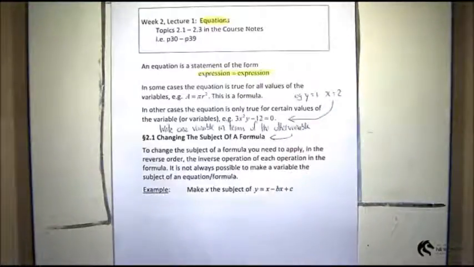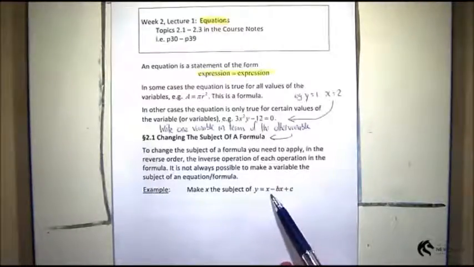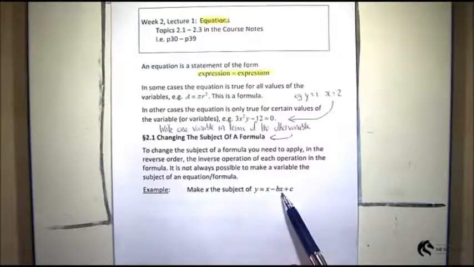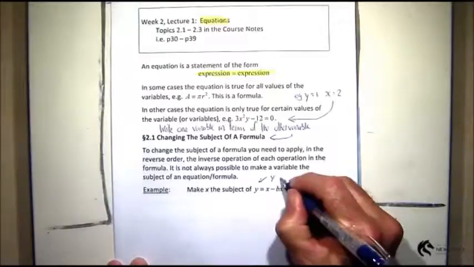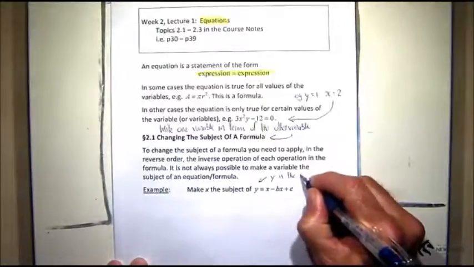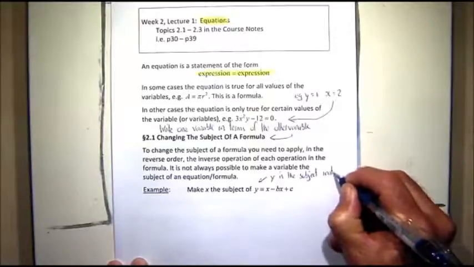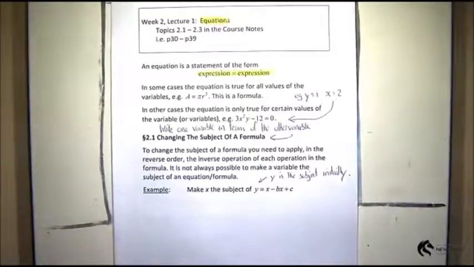So for example, in this equation here, y is equal to x minus bx plus c. y is the subject of that formula at the moment. This question says make x the subject. So I want to write x in terms of everything else in here. So at the moment, y is the subject, and I want to make x the subject.